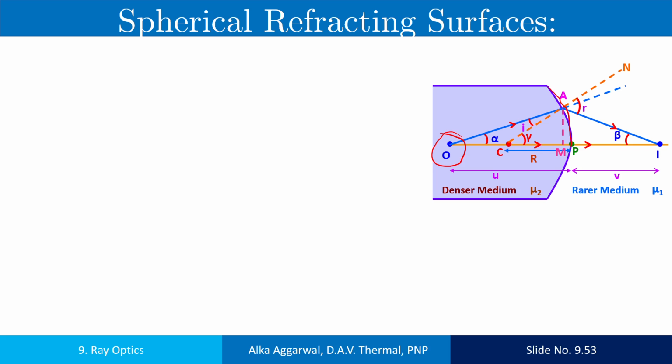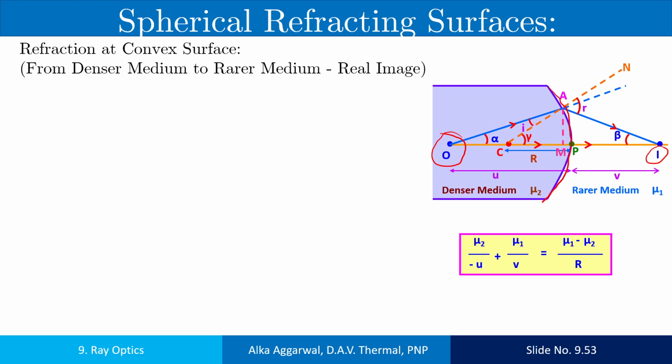Surface is a convex surface and the image is forming on the other side. So the image is a real image. So this is the expression for the refraction at a convex surface from denser to rarer medium and the image is a real image.